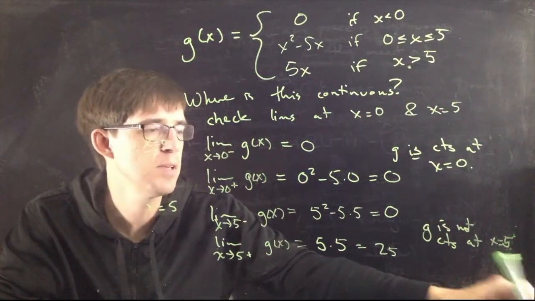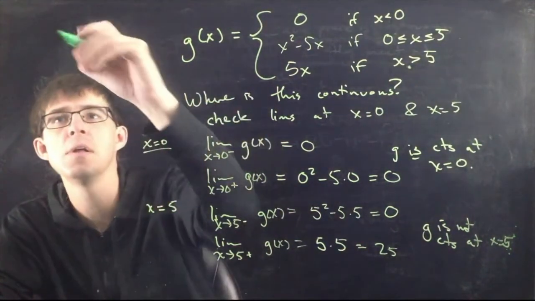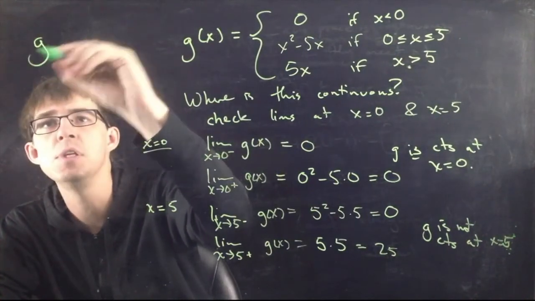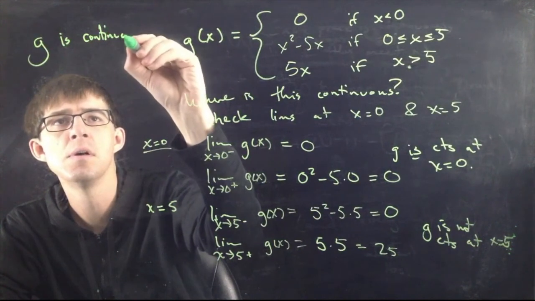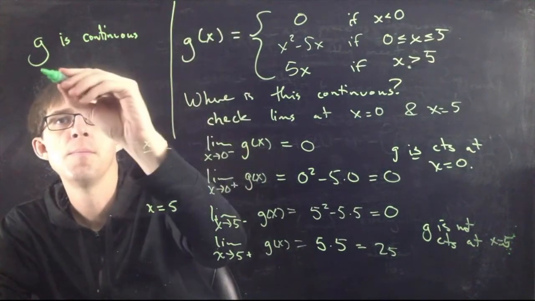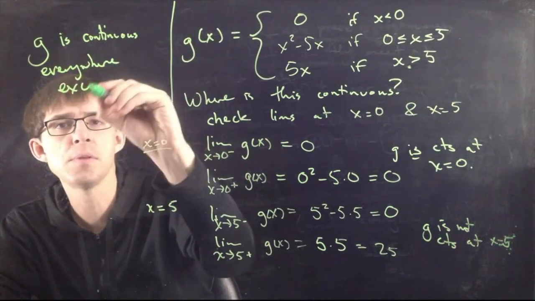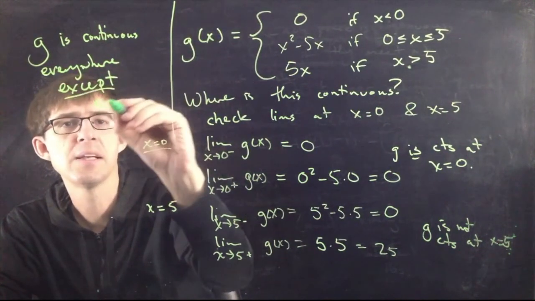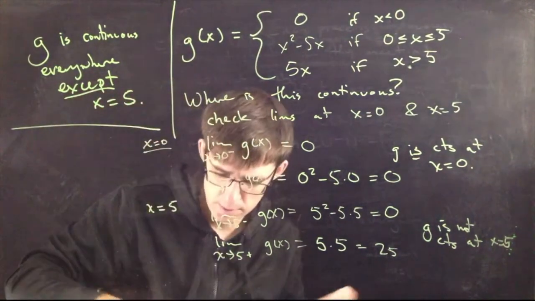They were not the same, so it is not continuous. Therefore, in conclusion, g is continuous everywhere except x equal 5. There you go. That'll do.